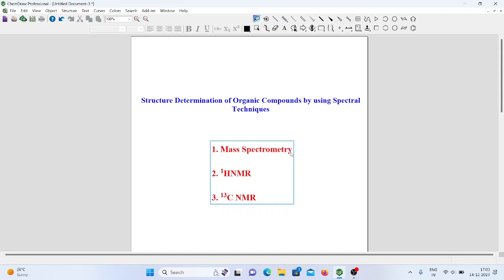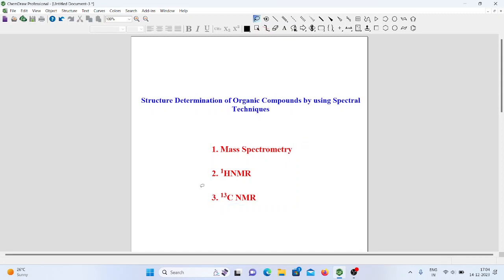Among the four techniques, very important two techniques are mass spectrometry and NMR, nuclear magnetic resonance spectroscopy. In NMR, we need to have the data of two types, proton NMR data and C13 NMR data.